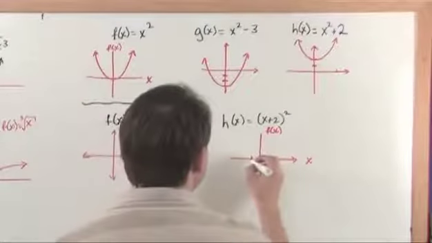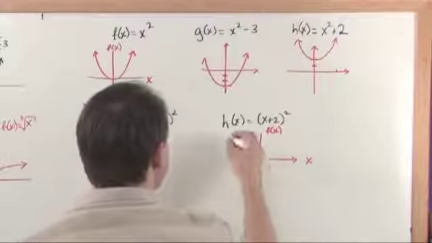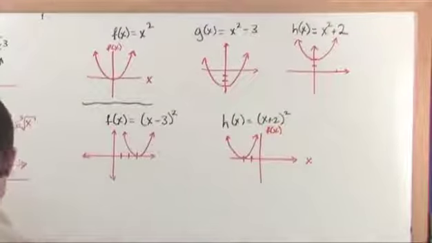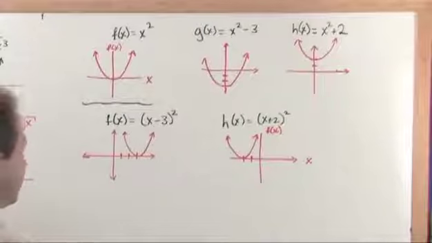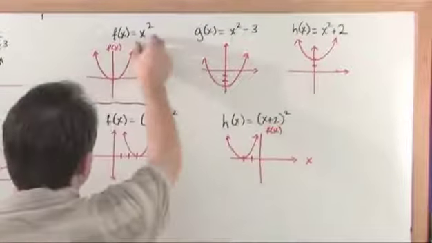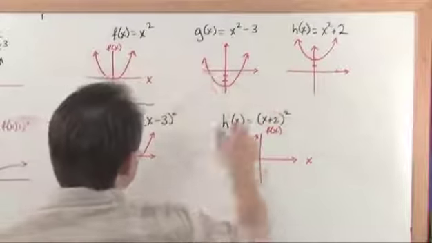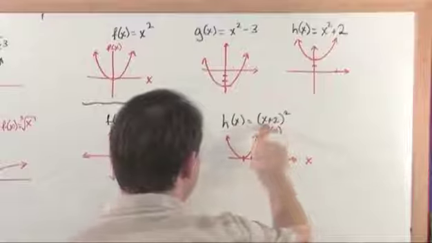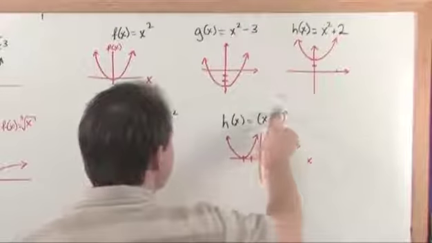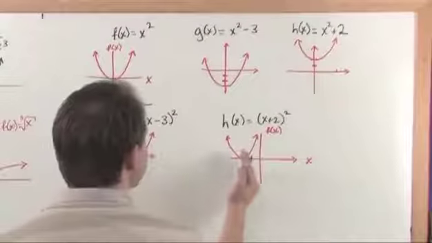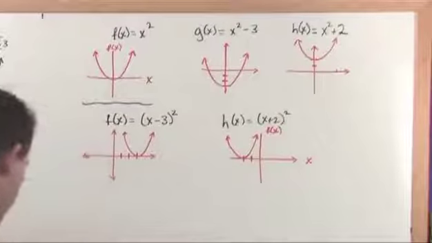So that's a horizontal shift to the left 2 places, and that's going to graph like this. I hope this is making sense to you, and basically you can look at it the same way. It's using the function x squared, and the reason it shifts to the left is because if I put negative 2 in here for x, then I get 0 for the middle here, so I'm changing my 0 point and moving it to the left, and that's why that works.